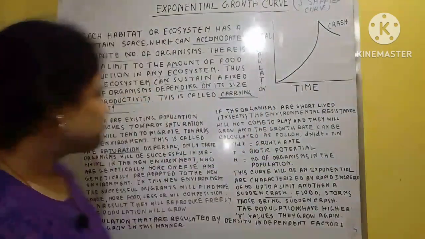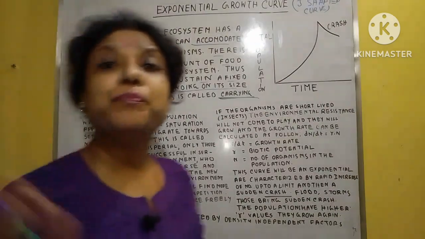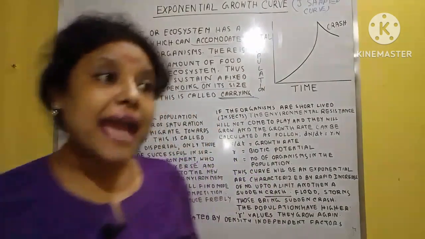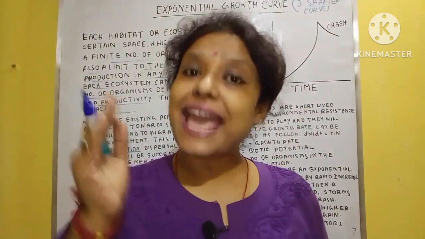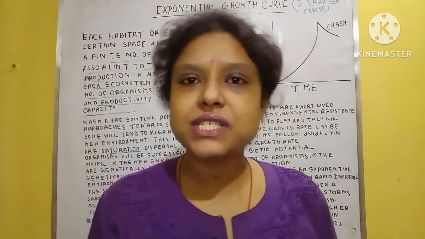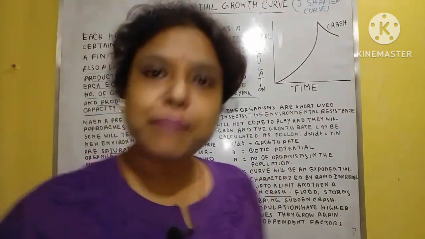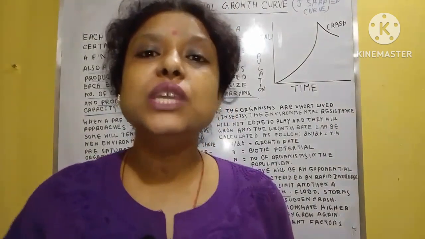This is possible when the individuals are freely adapted to nature and have diverse genetic characters. If they do not have diverse genetic characters, they cannot sustain or be stable in the new habitat.